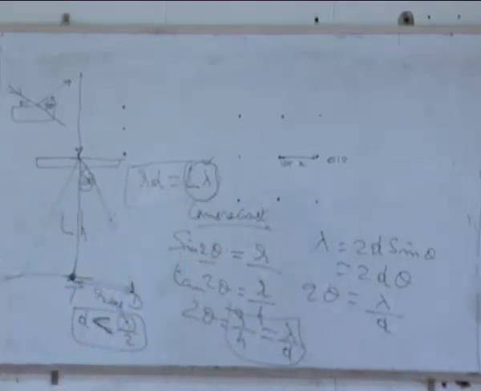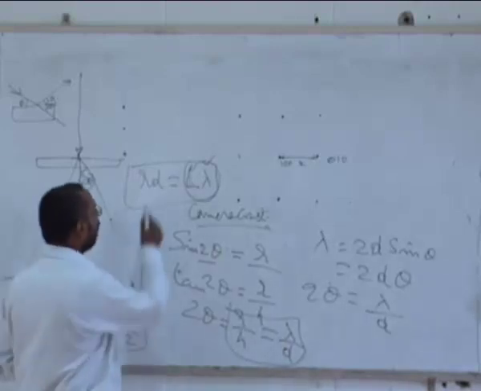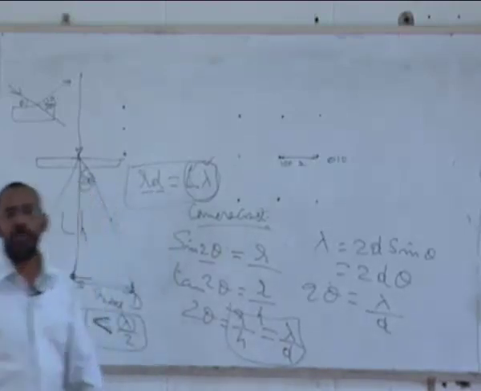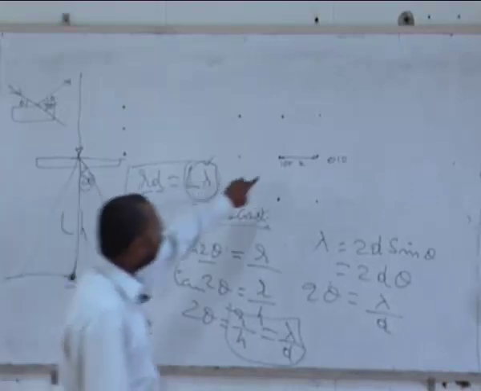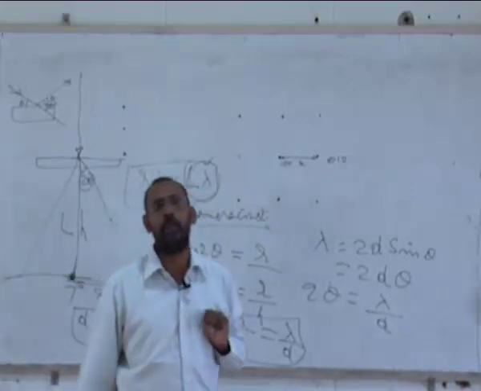For a given machine, lambda is fixed. So once I know L lambda is fixed, I know that R and D are inversely proportional. What is D? D is the interplanar distance. What is R? R is the distance between the diffracted spot and the transmitted spot.